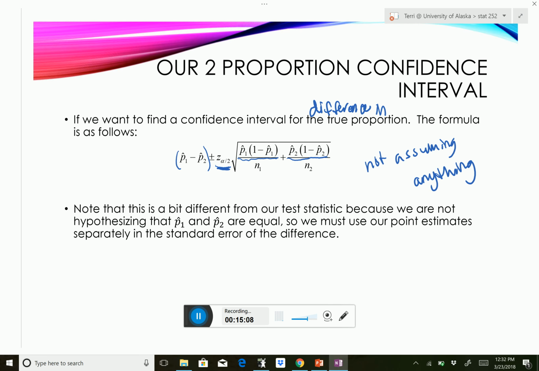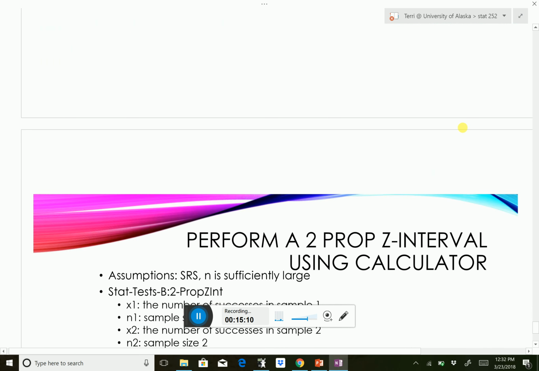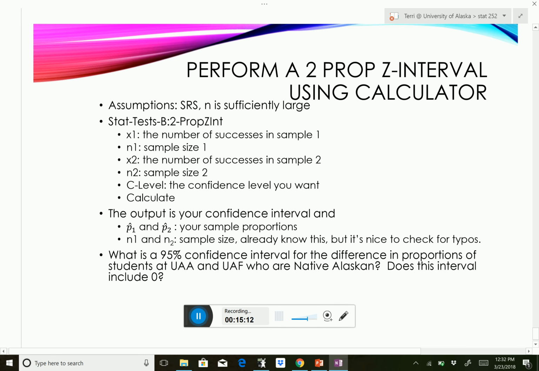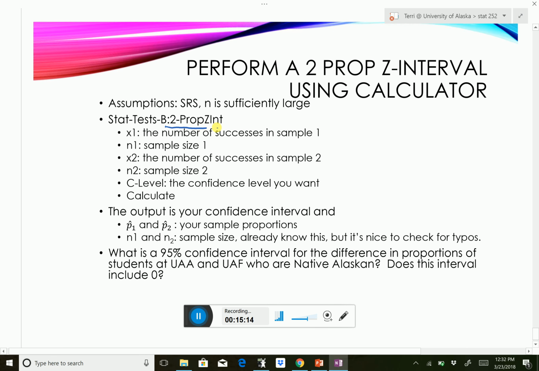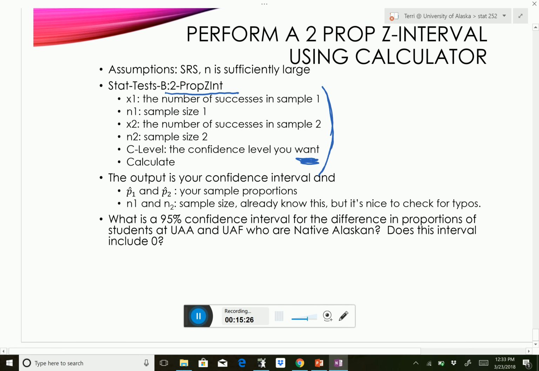So when we do the confidence interval, we're doing 2 prop z int. And here's all our inputs, about the same as we did before, except for, of course, we put a C level here. So let's do a 95% confidence interval for the difference in proportion of students at UAA and UAF. And we're going to see if this interval includes 0.